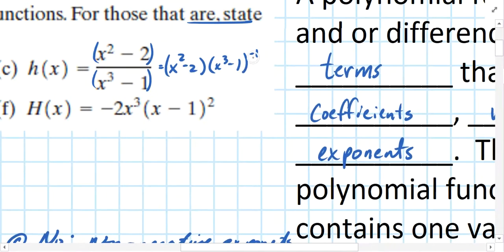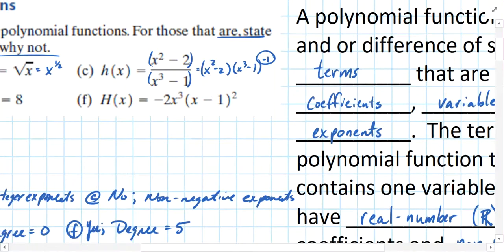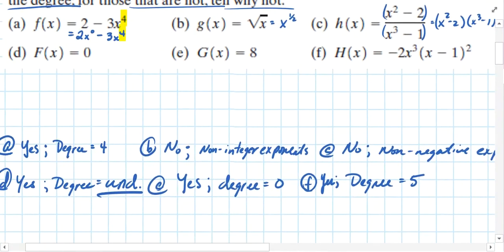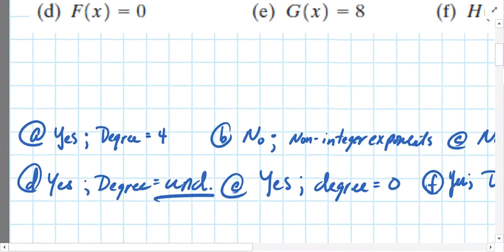Now we could, of course, write it as a fraction, but I've written it this way because we see now that we have a negative exponent. It's not a non-negative integer within the expression.